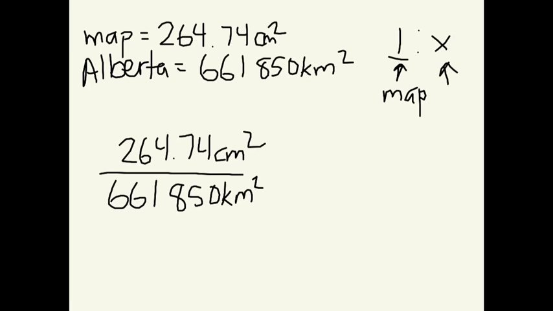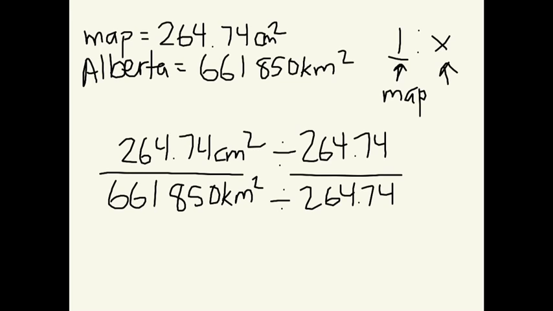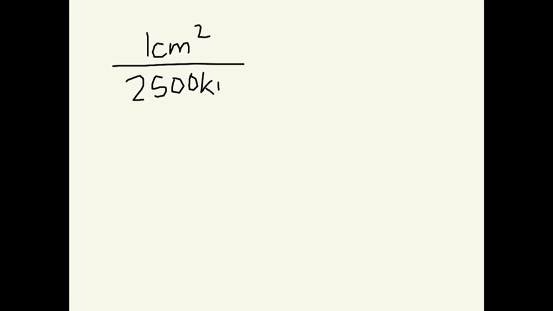Now you could actually divide both the top and the bottom by 264.74. When you do that, what you get is 1 centimeter squared is equal to 2,500 kilometers squared. So this is your current scale right now. It's 1 centimeter squared is equal to 2,500 kilometers squared in real life.